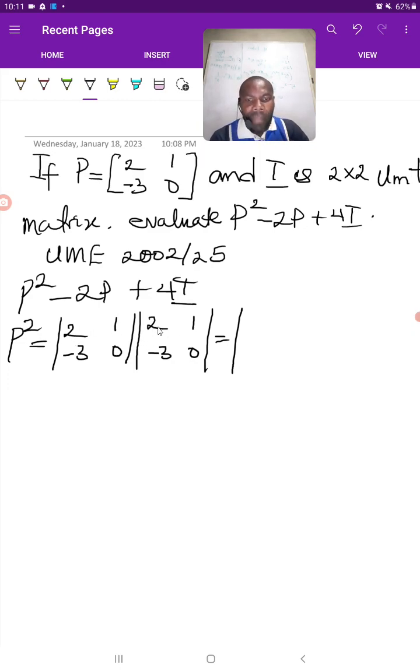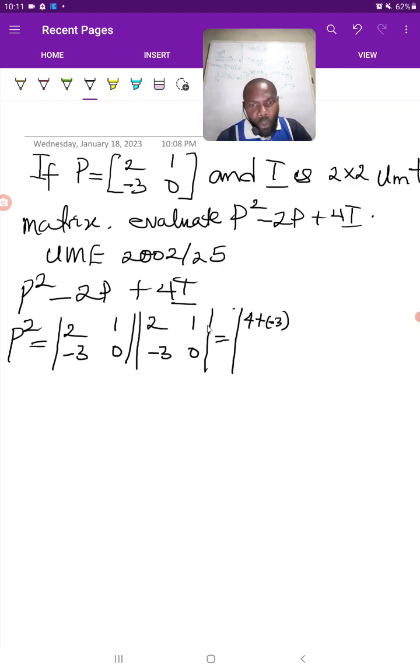The row will multiply the column, so you say 2 times 2 making 4, plus 1 times minus 3, that will be 4 plus minus 3.